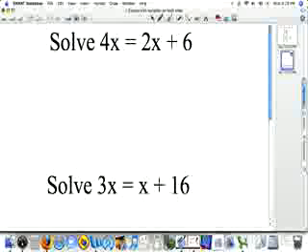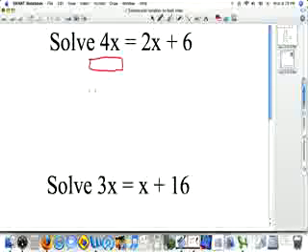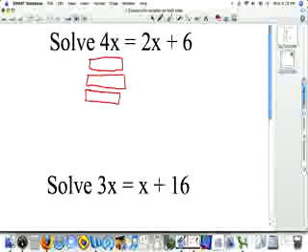So let's think about this then. If we have 4 x's, whoops. No, they're supposed to be the same size. Those are my 4 x's.